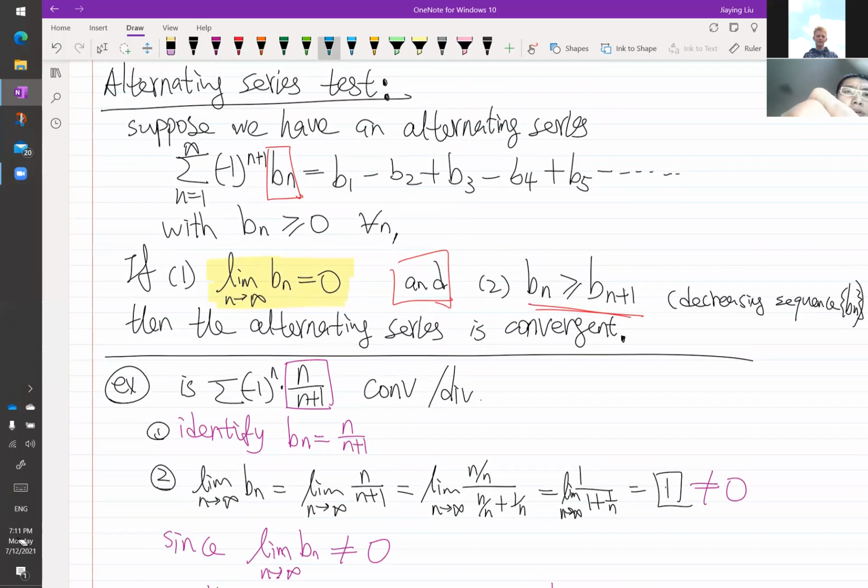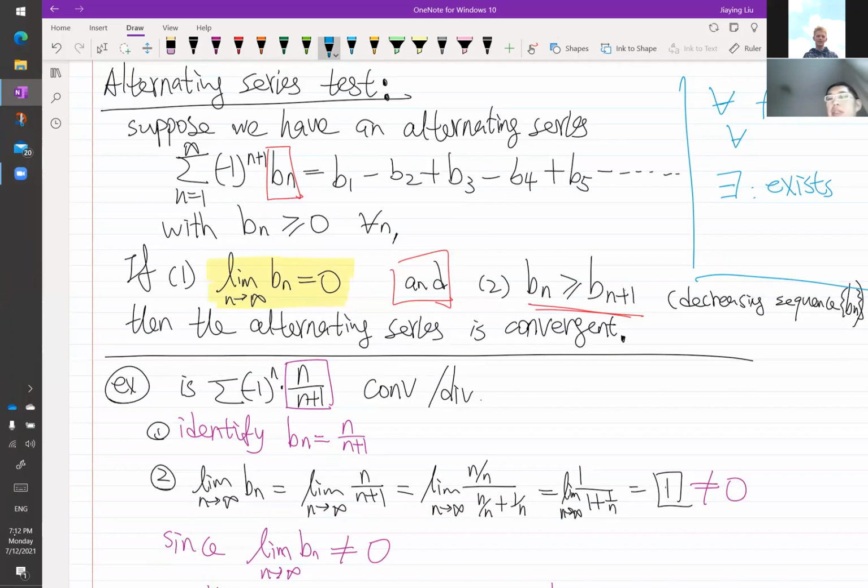I'm sure a lot of you will continue to take math. This notation means for all. Sometimes people just write it as an upside down A. And this one means exists.